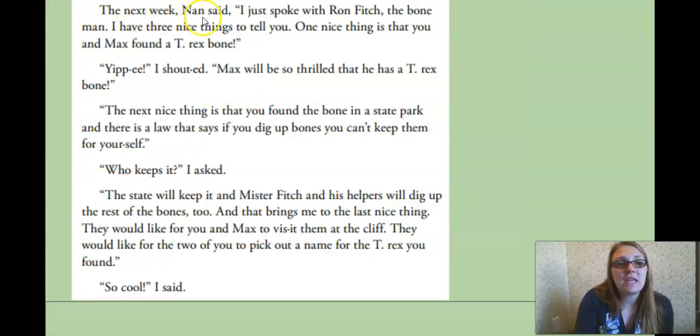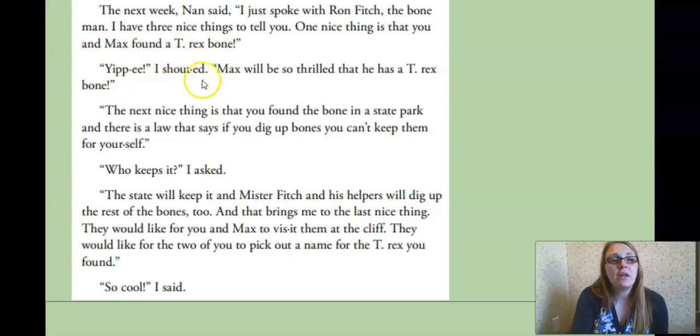The next week, Nan said, I just spoke with Ron Fitch, the bone man. I have 3 nice things to tell you. One nice thing is that you and Max found a T-Rex bone. Yippee! I shouted. Max will be so thrilled that he has a T-Rex bone. The next nice thing is that you found the bone in a state park, and there's a law that says if you dig up bones, you can't keep them for yourself.